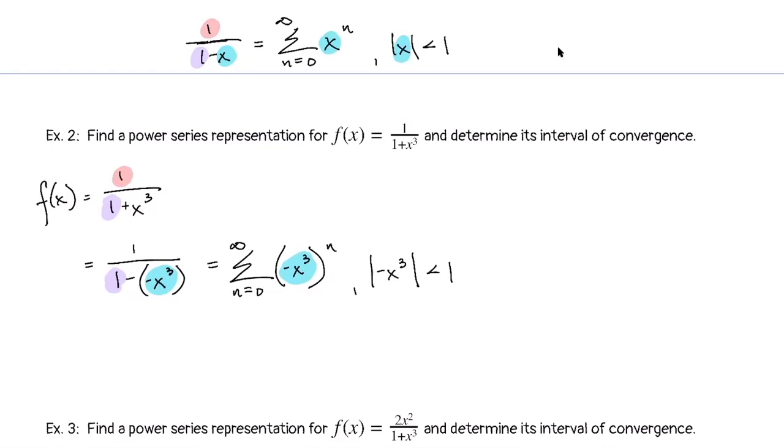Especially when we have a negative sign raised to a power, we know this is going to be an alternating series, so we want to pull the negative 1 to the n power out. We can split this into negative 1 to the n, and then x to the 3n.